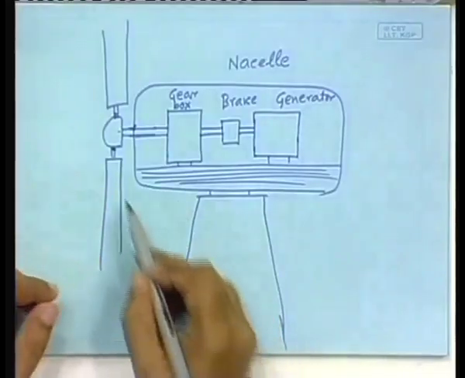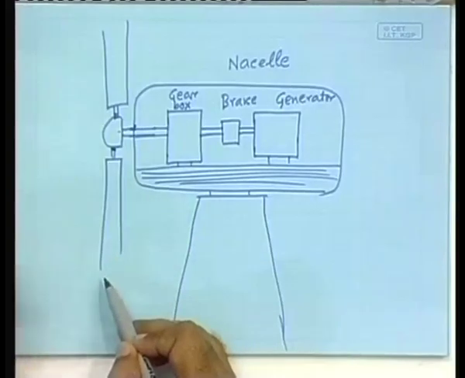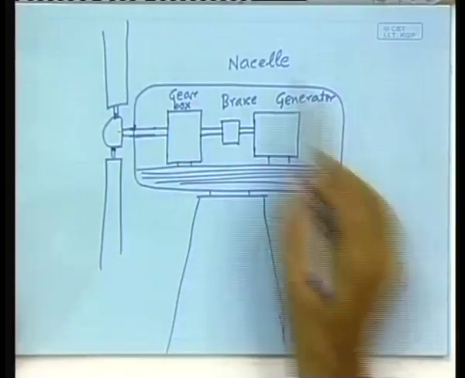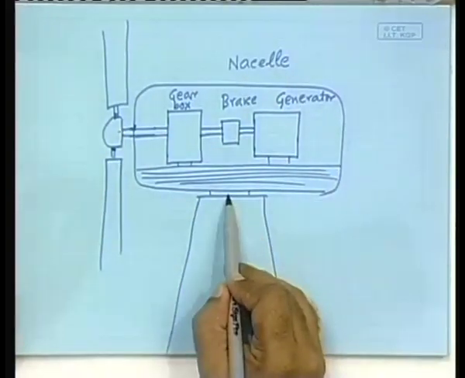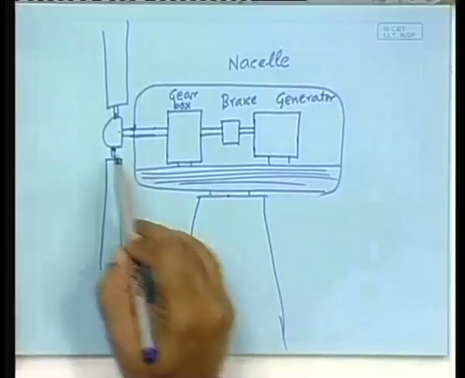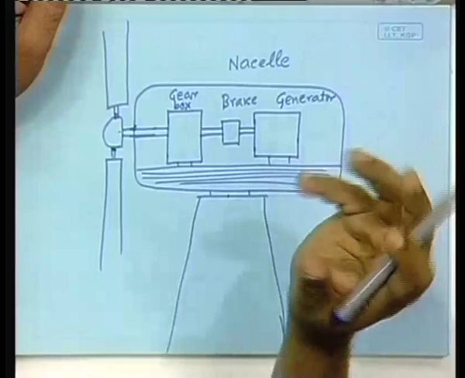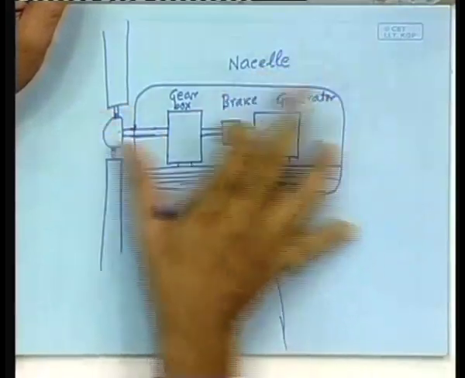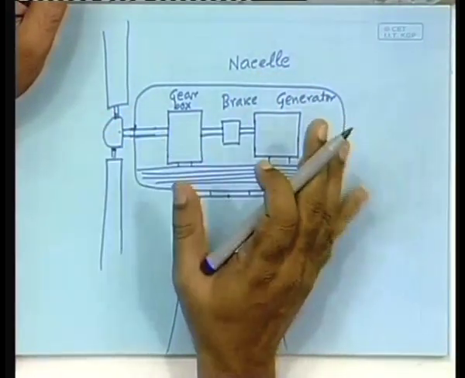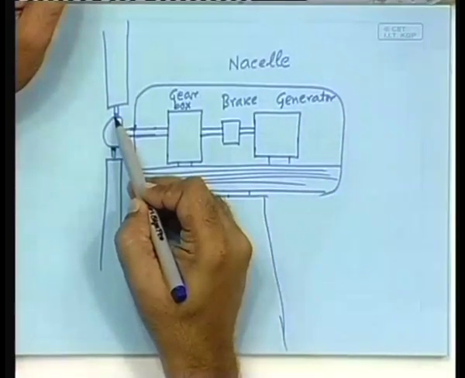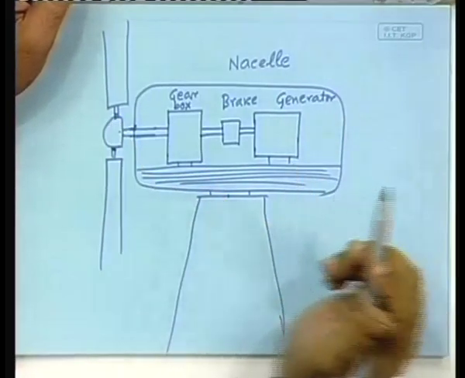It is not a continuous rotation, it is just turning in order to turn the whole blade, so that the pitch can be changed. So, in addition to all this that you can see in this picture, there will be a motor here, there will be another motor here. These are servo motors, essentially meant for orienting this whole thing. This is called the yaw control, and this is for the pitch control.